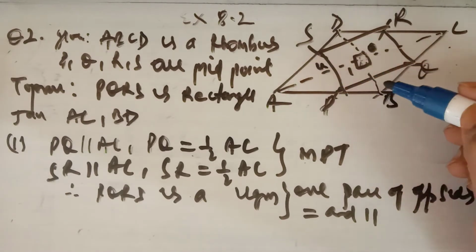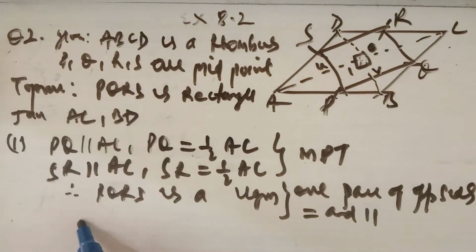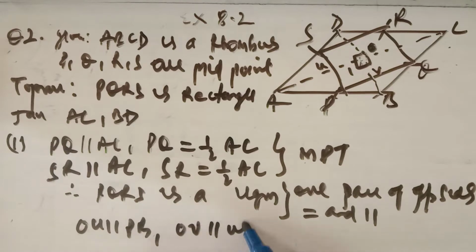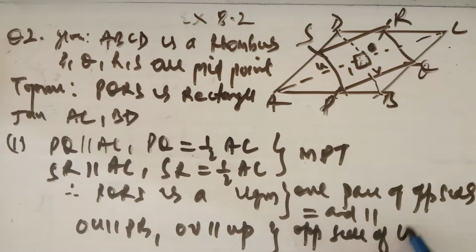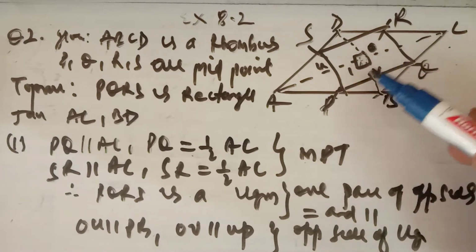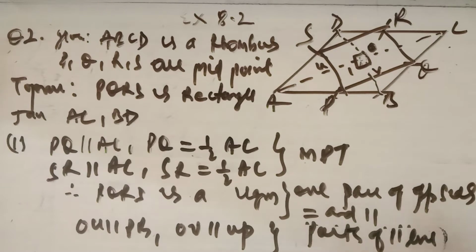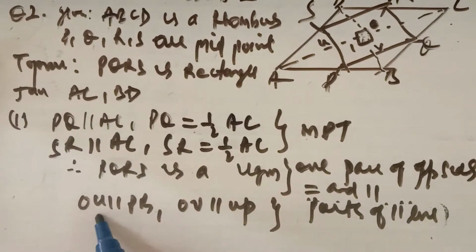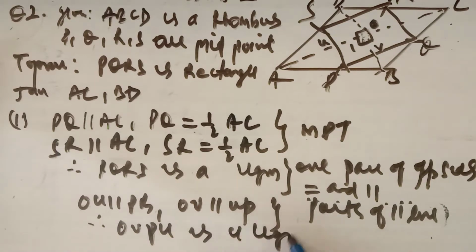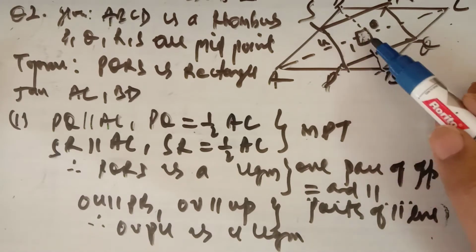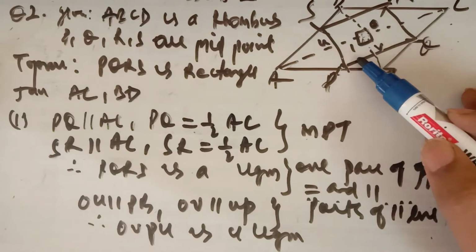Let us say this is U and this is V. Now OU is parallel to PV and OV is parallel to UP, because parts of parallel lines are also parallel. So therefore OVPU is a parallelogram.